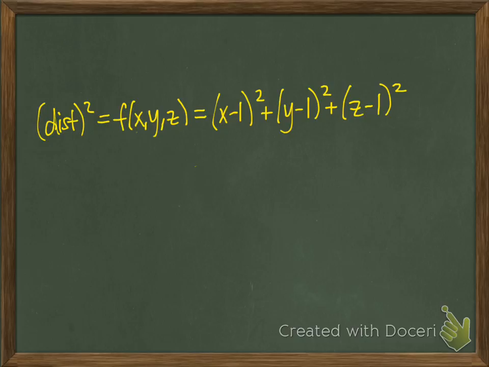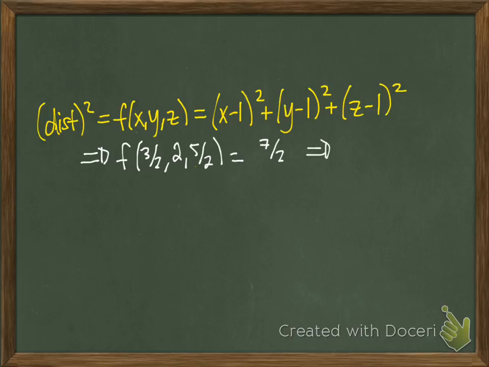So our function was the distance squared, so if we evaluate the function at the point, we're going to get 14/4, or 7/2, which tells us that the actual distance is just going to be the square root of that. Okay, and again, that's the minimum distance between the point 1, 1, 1 and the plane. And that's it.